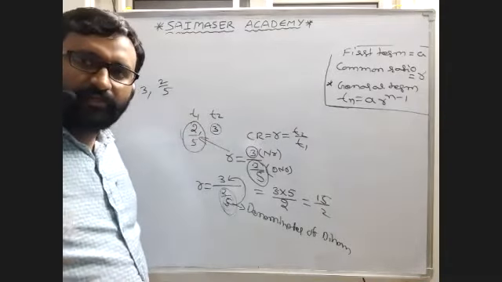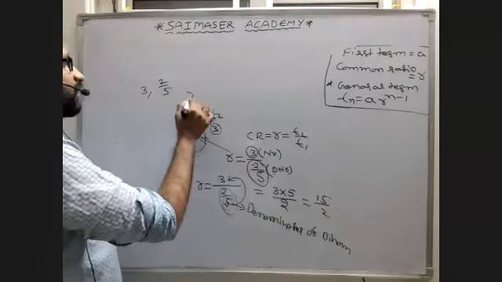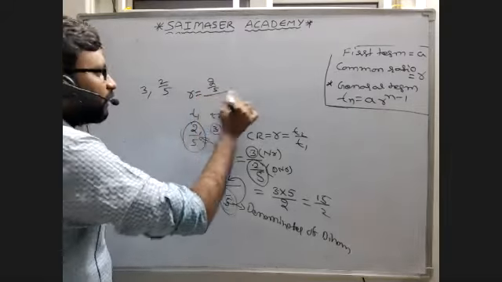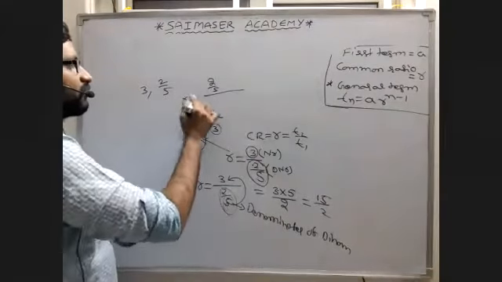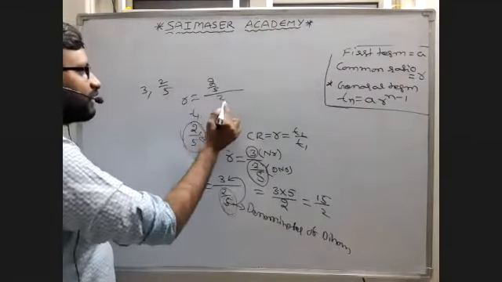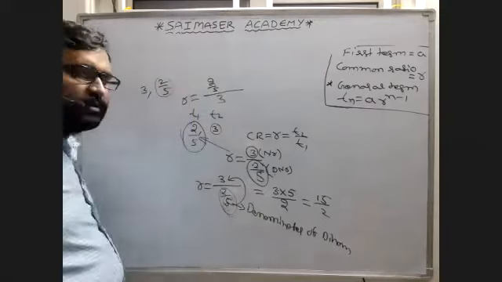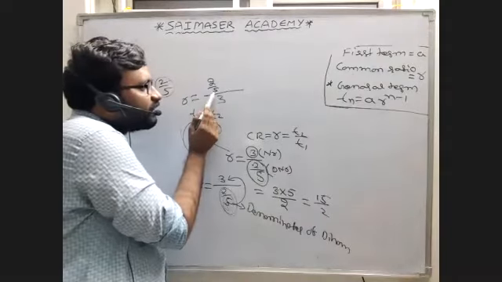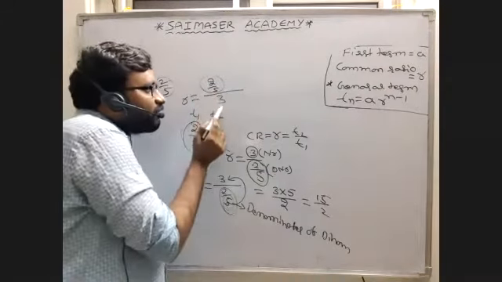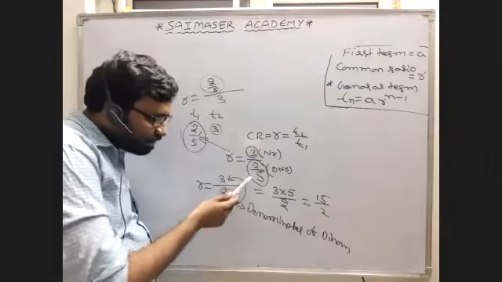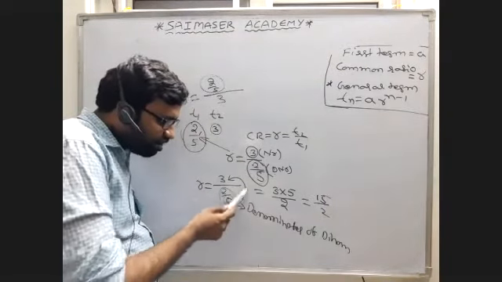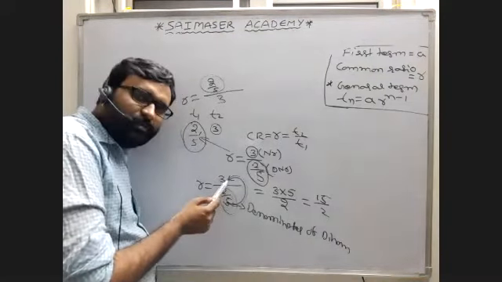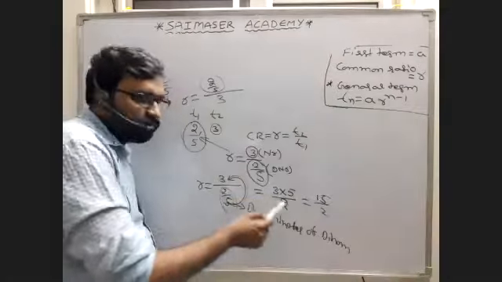Now I am writing the common ratio R equal to 2 by 5 by 3, this by this. If you observe now, for the numerator you have one denominator, and for this total you have one more denominator. For the denominator having one more denominator, this will be a multiple of 3. This will be the numerator. This 5 will go up. Then 3 into 5 by 2 you can write.